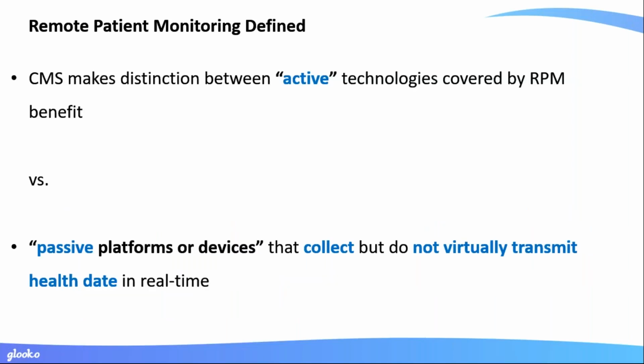Now again, CMS stands for the Centers for Medicare and Medicaid Services, and that's the governing body over Medicare. That also includes Medicaid. A lot of people say to me, well, gee, Marianne, are private commercial insurances like United, the Blues, and state Medicaid programs covering this, and are the reimbursement guidelines the same? And the answer is, I don't know.